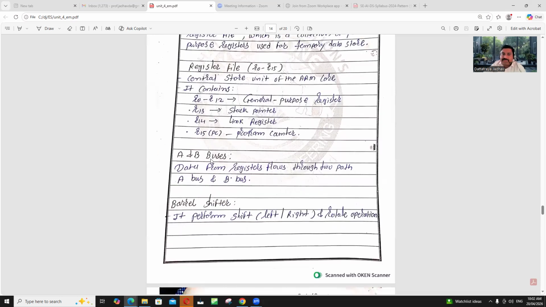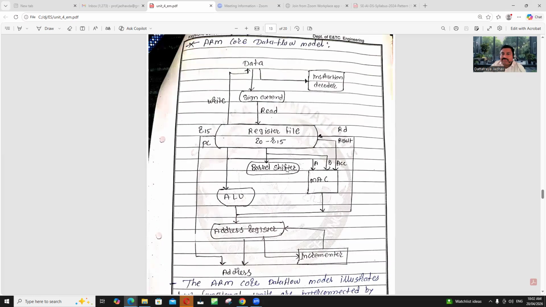Then the A and B buses are used for data from the register file to flow through two paths, A and B, to the respective unit, either the arithmetic logic unit, barrel shifter, or MAC. These are the data buses coming from the register file.